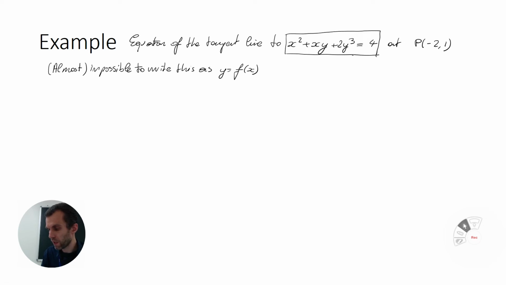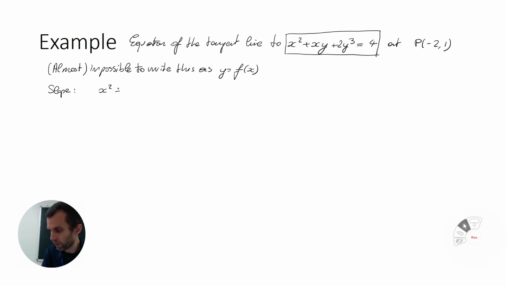If that's the case, and you have to compute something with derivatives, it's useful to compute the derivative via implicit differentiation. And here, we're going to have to compute a derivative because for the tangent line, we need the slope to the curve. So let's start by computing the derivative.